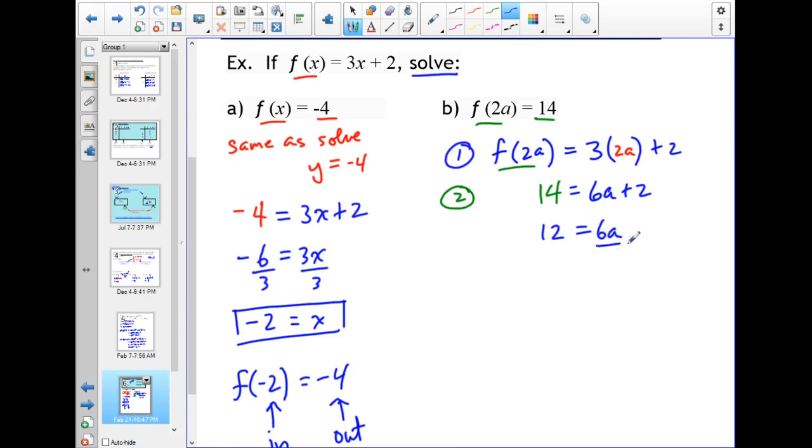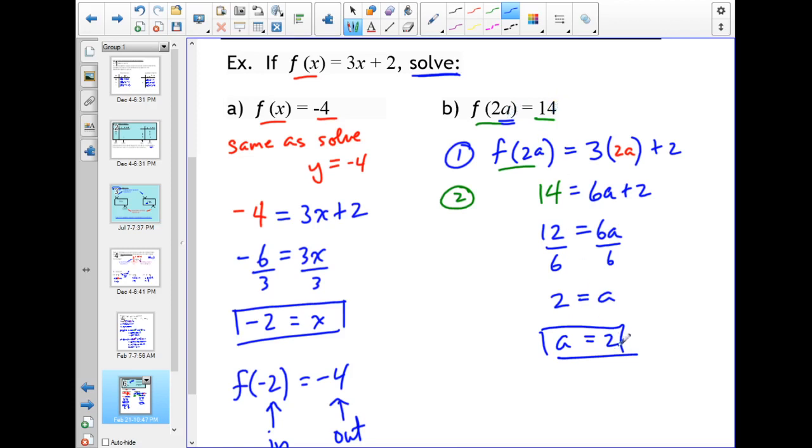And then I divide both sides by 6, and I end up with 2 equals a, or a equals 2. And so again, the use of the word solve in this equation, solve f of 2a equals 14, I'm trying to find the value or values of the variable, and in this case the variable has been changed to a, that make this equal to 14.